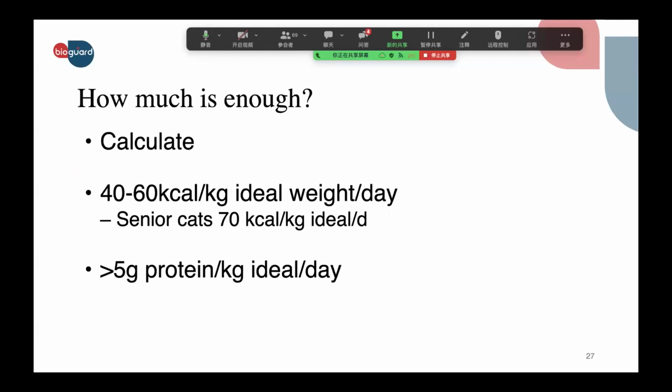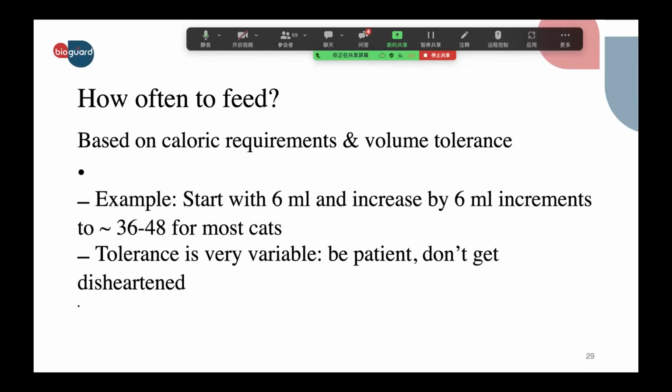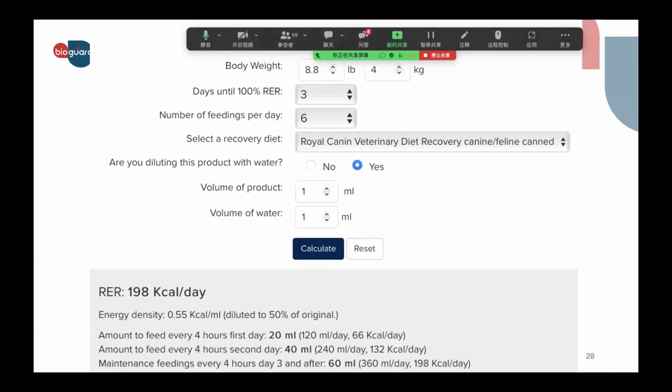And how much is enough? We need to calculate. Commonly we will give 40 to 60 calories per kg ideal body weight per day. For a senior cat it would be 70. We can also calculate through the body weight.